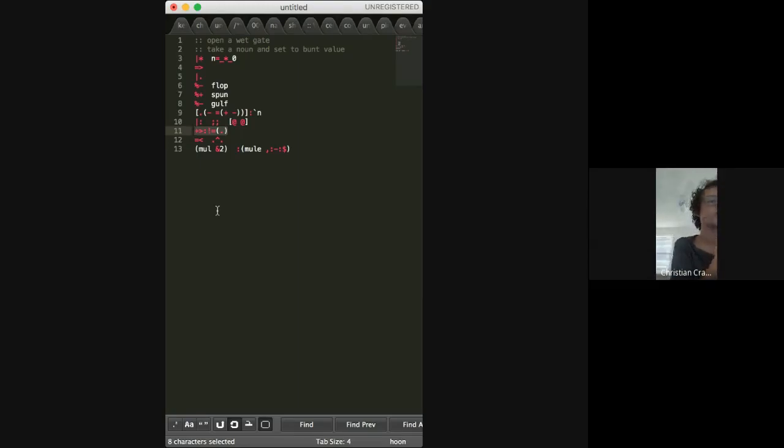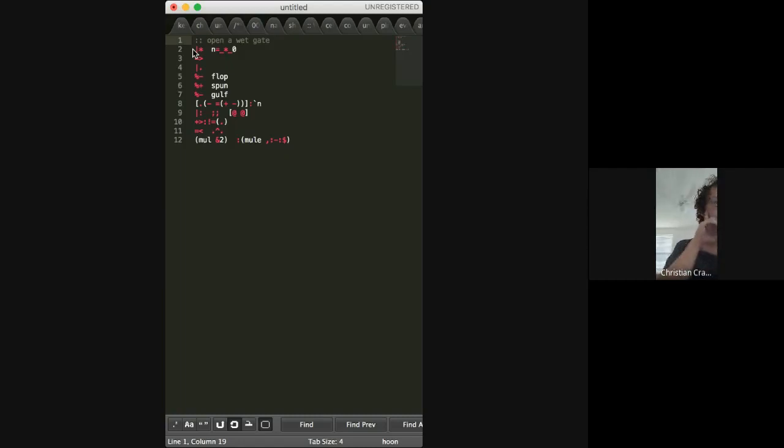Head becoming whether or not the head is equal to the tail. Let's go for it. This range.